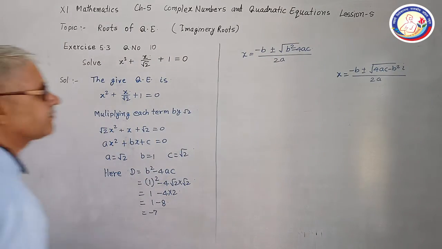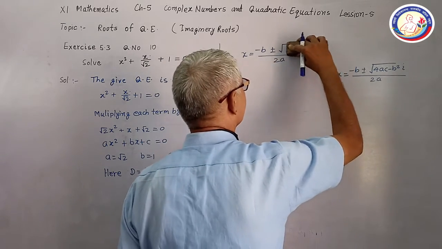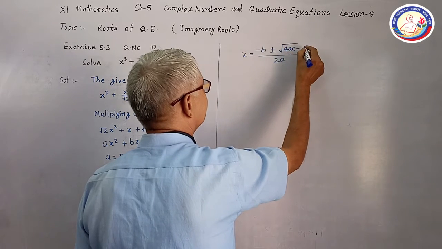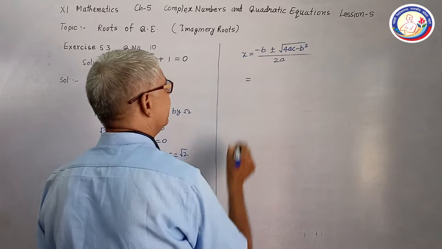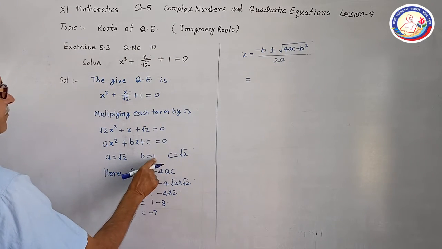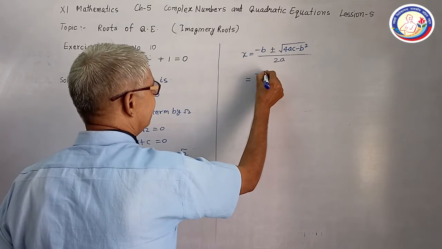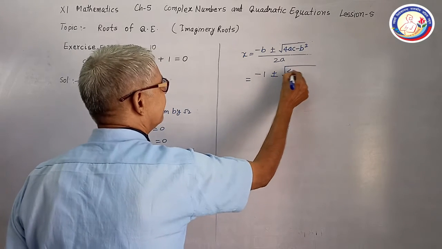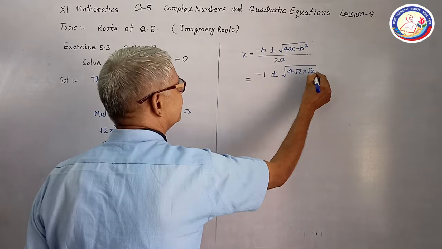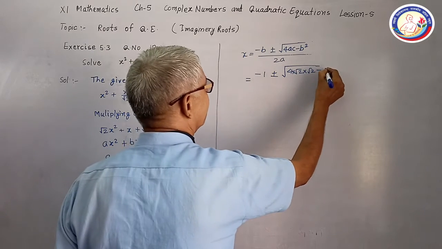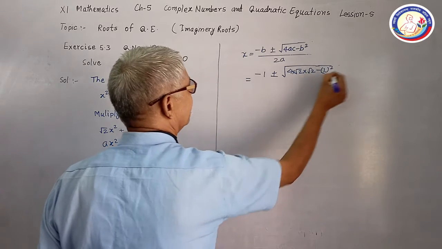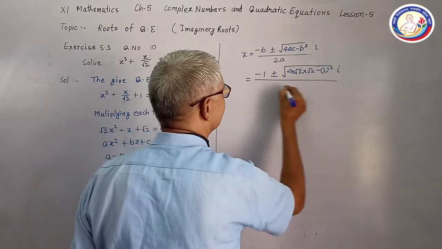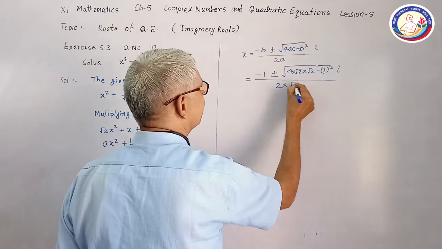So I am using this formula: minus b, that is b is 1, so here we will have minus 1, plus minus square root of 4ac minus b square, that is 4 into square root of 2 into square root of 2 minus square of 1, into iota, divided by 2 into a, that is square root of 2.